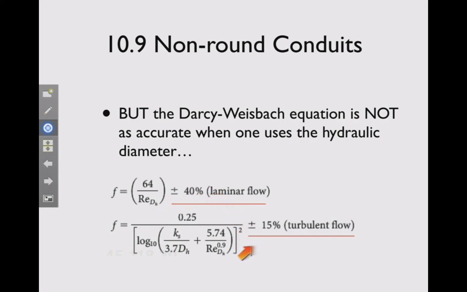However, when we use the Swamee-Jain formula for turbulent flow, we're good within 15%. And since most of our cases are actually turbulent, we're not incurring too much error in determining the friction factor and therefore the head loss when we're forced to use a hydraulic diameter for non-round conduits.